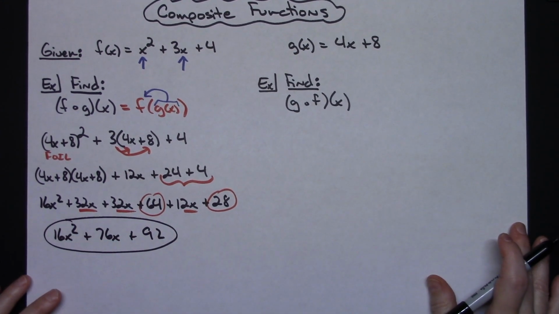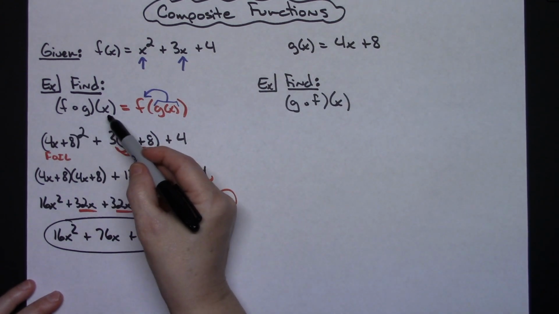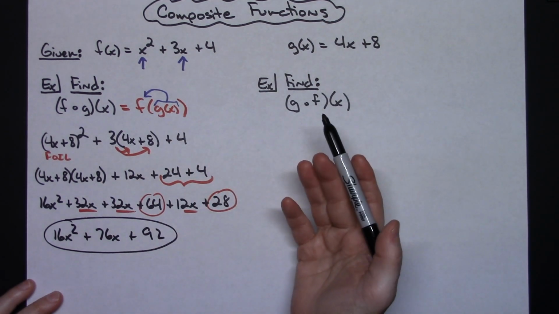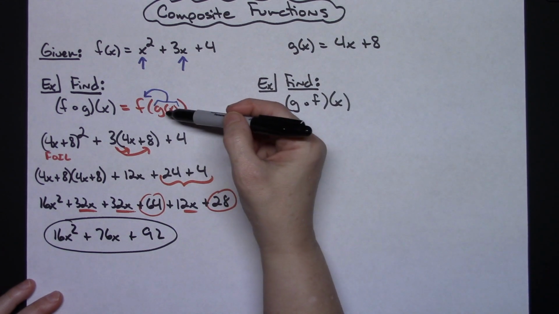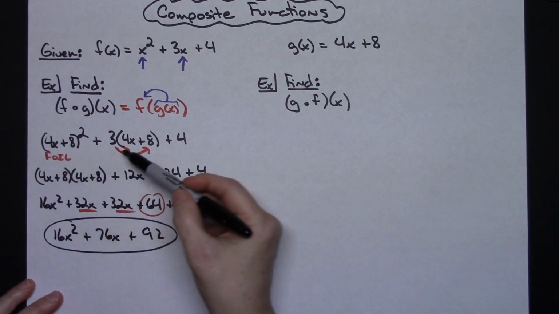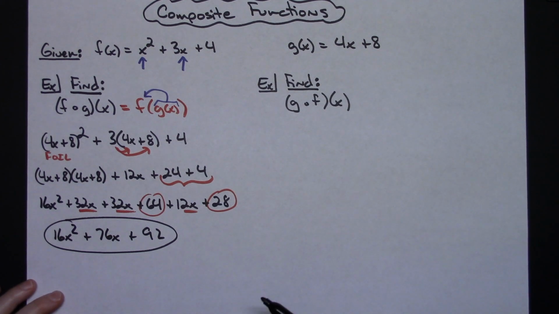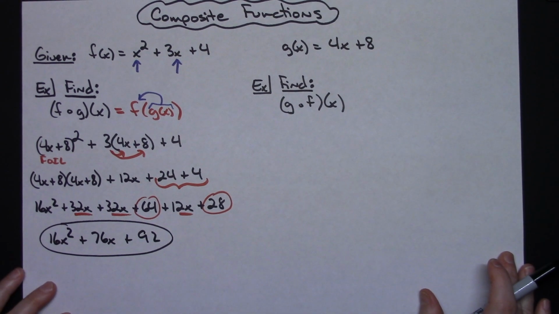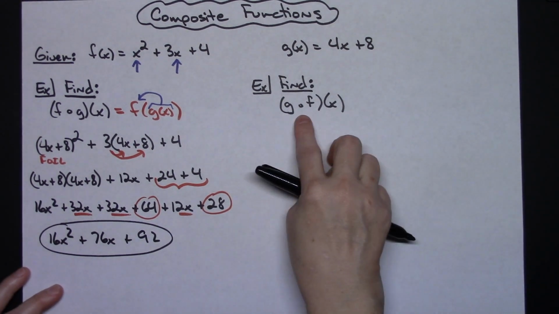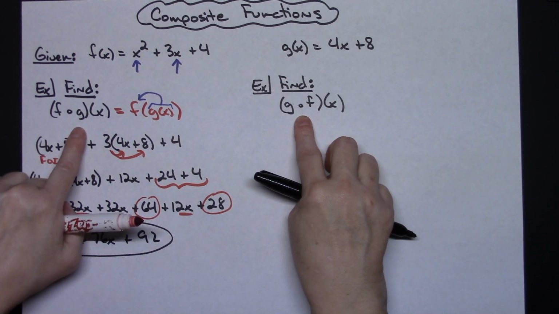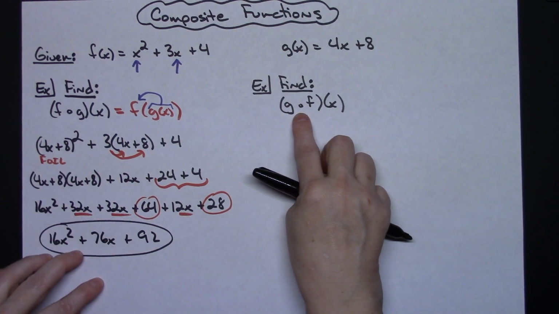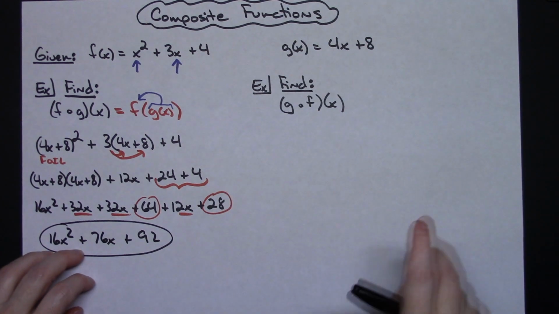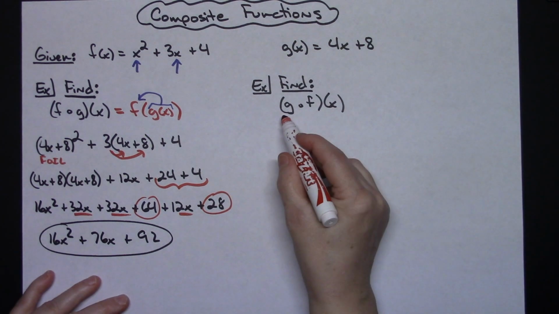So after you take this composite notation, rewrite it into something that makes sense, and then plug in that g function into the f function, it becomes straight algebra the rest of the way down to simplify the problem. Over here, this notation is written a little bit differently than it is here. This is g composite f of x. Again, I'm going to read this left to right.